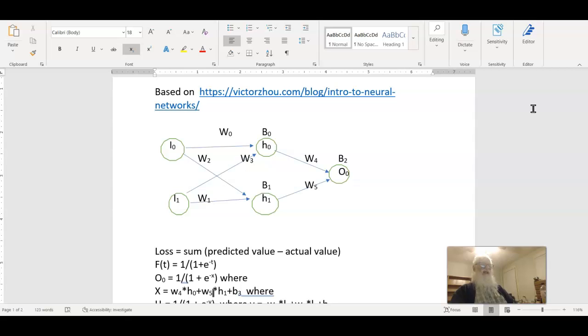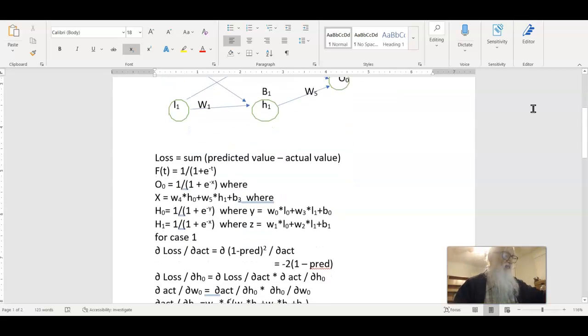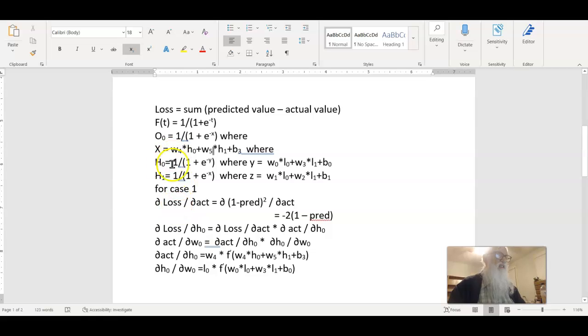So, for example, the output at H0 equals, I have that further down here, H0 equals 1 over 1 plus e to the minus y.